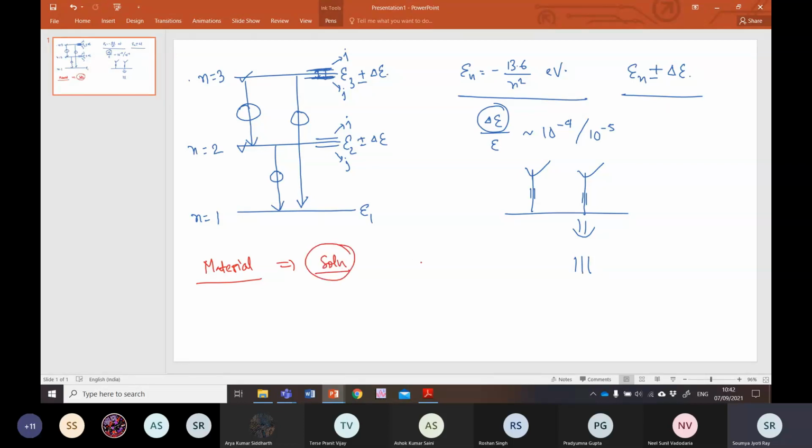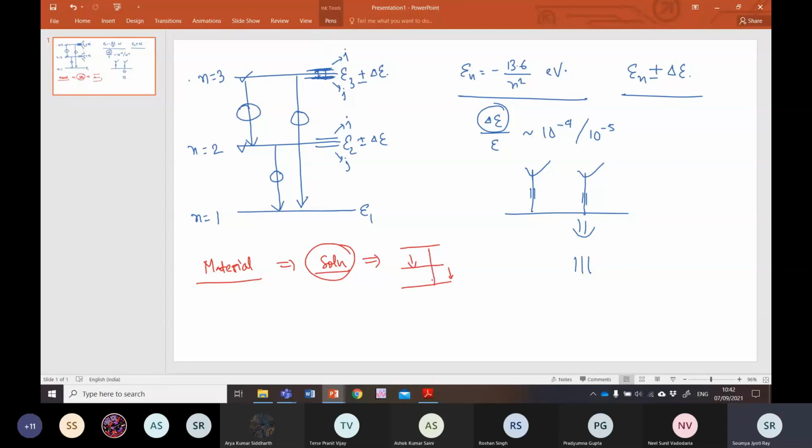Now, as you know, so far whatever we talked about is atomic spectroscopy, so there are atomic energy levels. But let's say we talk about molecular energy levels. These are similar things. It's just that instead of atoms, we are talking about energy levels which are associated with certain molecules. So there will be molecular orbitals and there will be transitions, things like that.